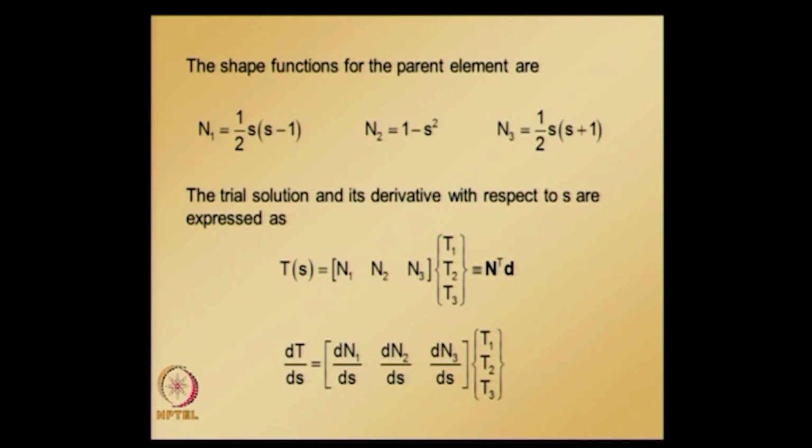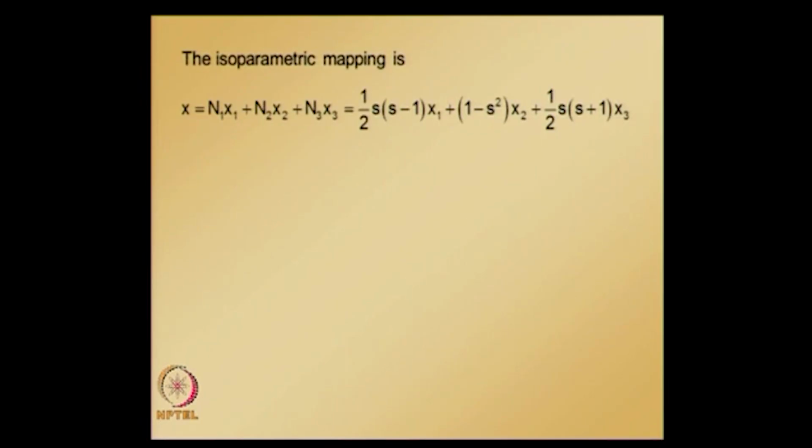And now the isoparametric mapping, x is equal to sigma Ni xi. Here there are 3 nodes, so the isoparametric mapping is x is equal to N1 x1 plus N2 x2 plus N3 x3. Substituting N1, N2, N3, which are shape functions of the parent element, we get this one.